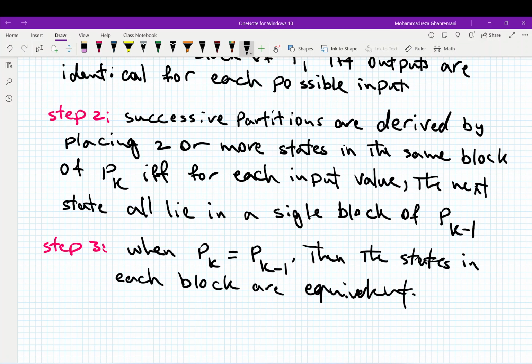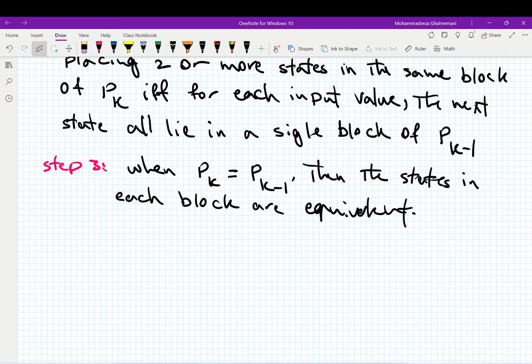Okay, so these are the methods and definitions of how partitioning works. It might seem a little confusing based on these definitions, but in the next lecture we are going to solve some examples and see how easily we can find the identical or redundant states.